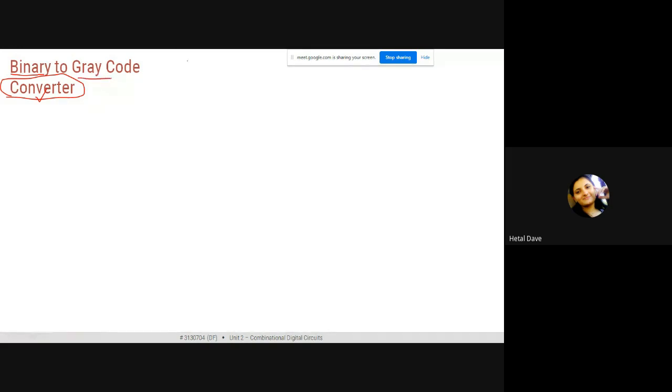You can be asked for a 3-bit converter or a 4-bit converter. Here we will cover the 4-bit converter. The 3-bit converter you can design the same way as the 4-bit.